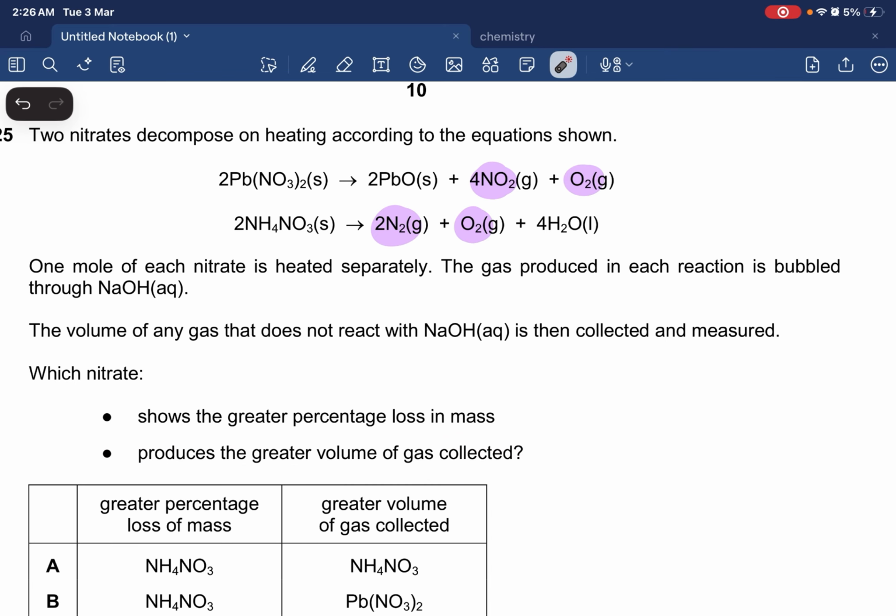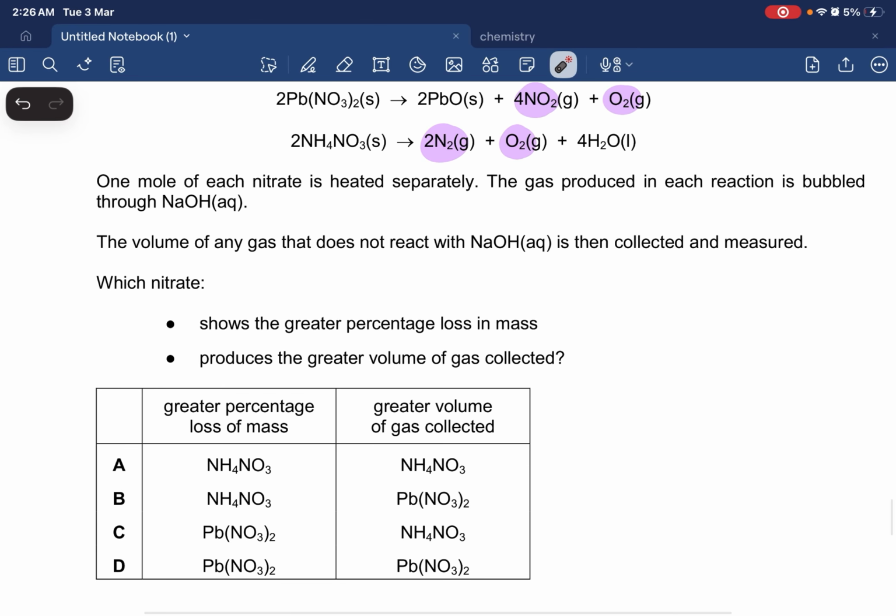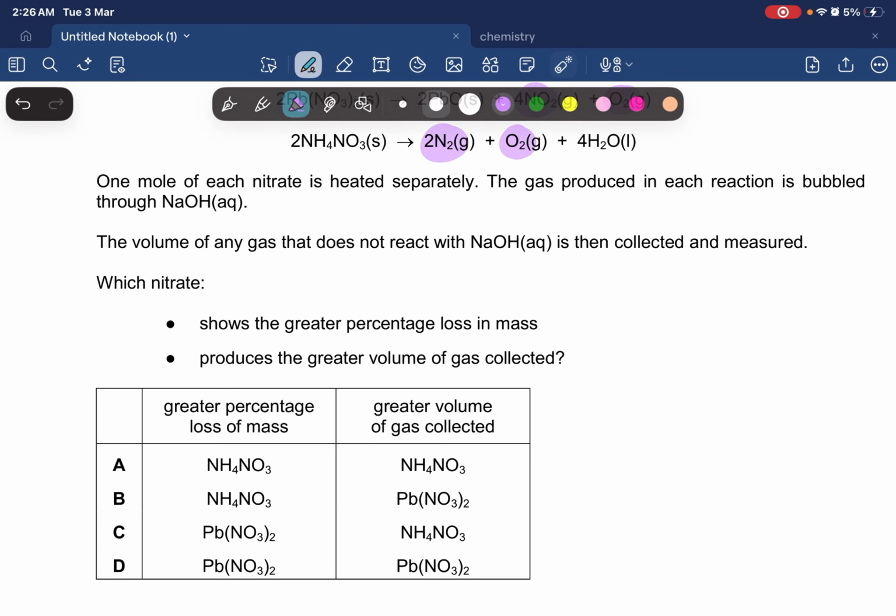The greater volume of gas collected is going to be in ammonium nitrate, because over here the NO2 is going to react, so only 1 mole is going to be formed. Over here it's 2 plus 1, 3 moles of gas. So the greater volume of gas is indeed going to be in ammonium nitrate.